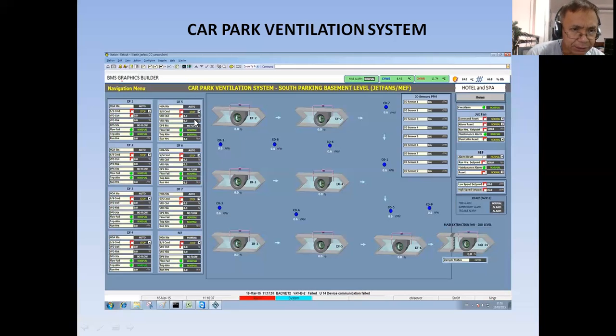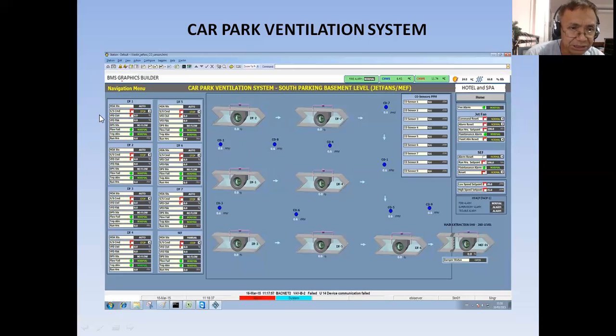Now, what are the points? Trip, run, and flow fail. Flow fail, I'm getting from the differential pressure switch. Then run status, I'm taking from the motor control of this jet fan, just an auxiliary contact from one of the contactors of the motor control.